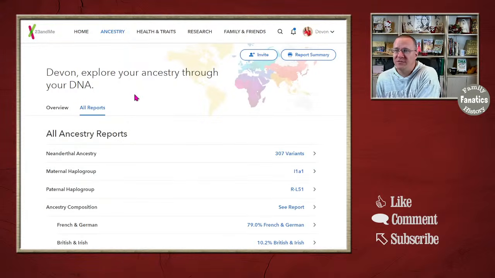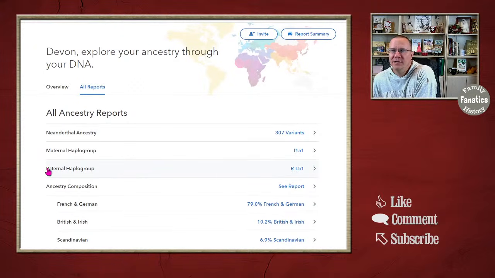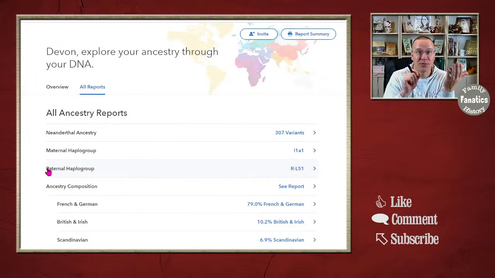But look at this, because this is cool. It tells her paternal haplogroup. Now, why is that? Because her brother has tested, and it has identified them as full siblings, which means they have the same father and the same mother, and so her paternal haplogroup is the same haplogroup as her brother's, even though she doesn't have any Y DNA. So, absolutely, Nellie, if your brothers have the same father as you, that haplogroup is going to be the same.